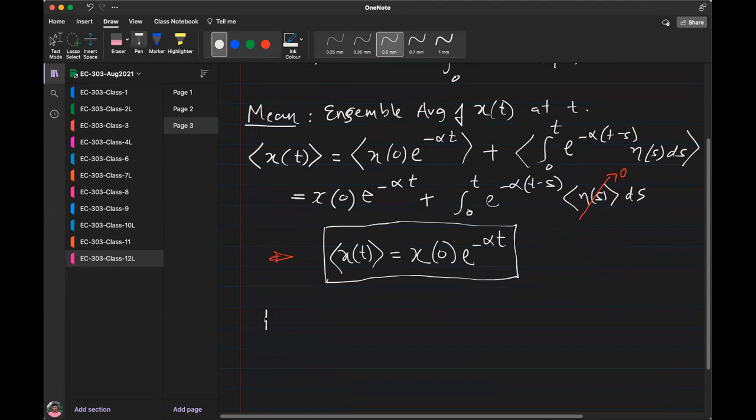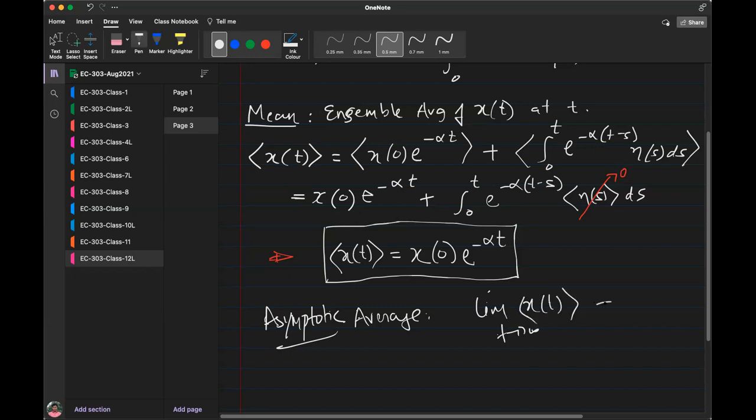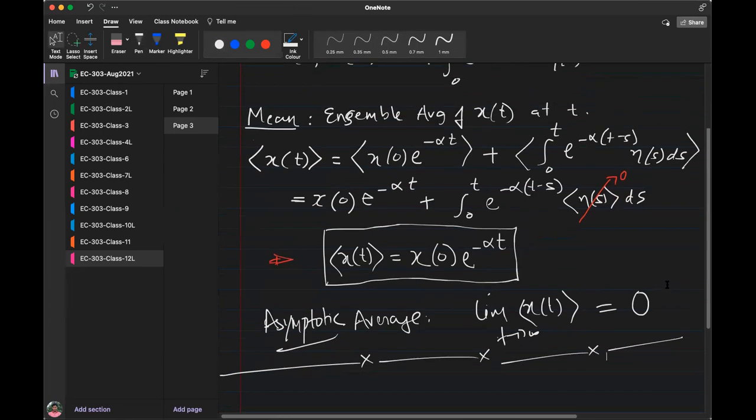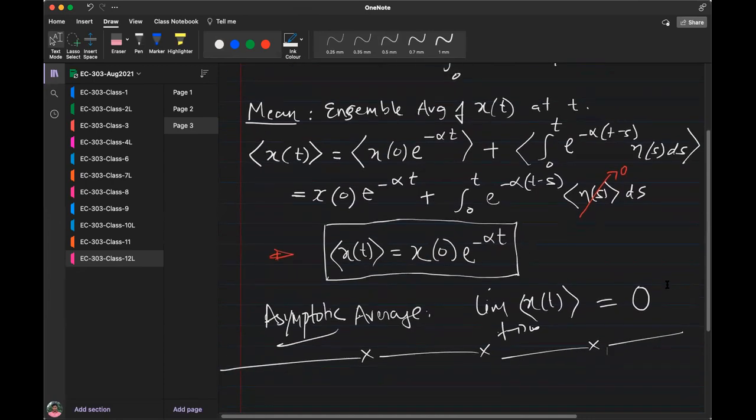And if you now look at the asymptotic limit, if I wait long enough, the asymptotic average would be the limit of t goes to infinity of the average of x of t. What will that be? It will be 0, because the exponential of minus alpha t itself goes to 0. Any questions on this? So that's our calculation of the mean.